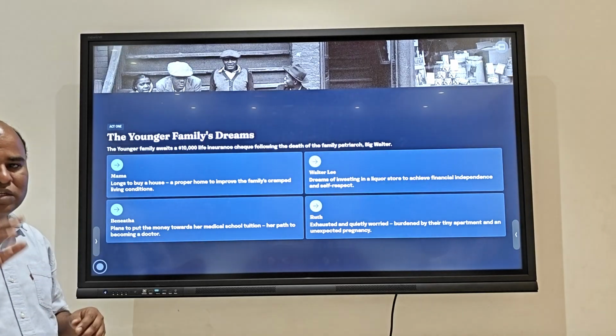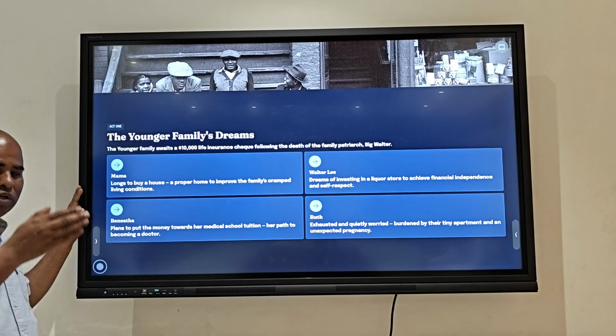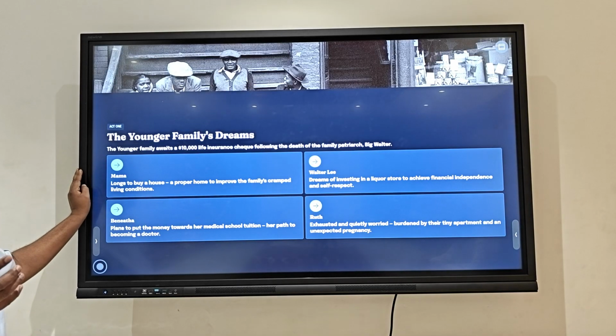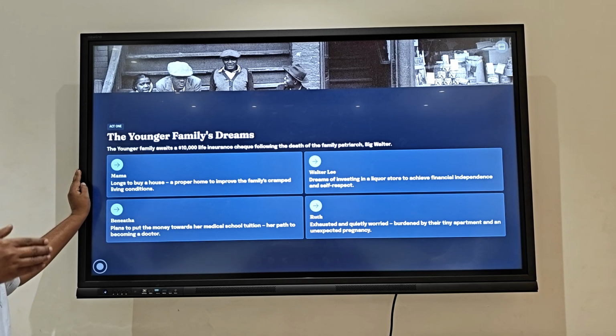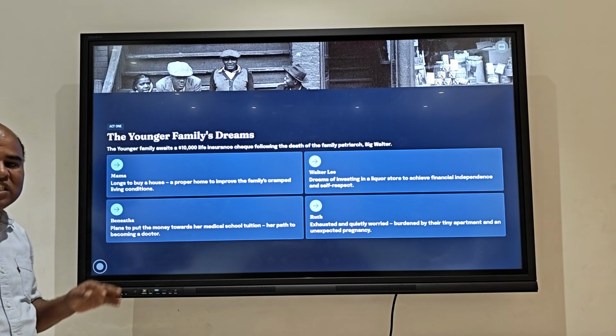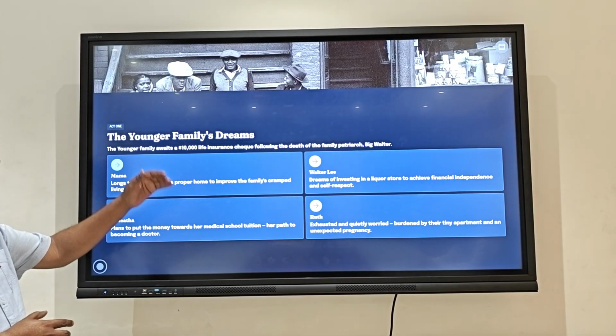So now let us look at the development of the story, act-wise. The first act is the act where you come to know about who these people are, what kind of life they are leading, and what their dreams are. So when our play opens, the setting of the play is a ghetto in Chicago, a cramped apartment where the Youngers are living.